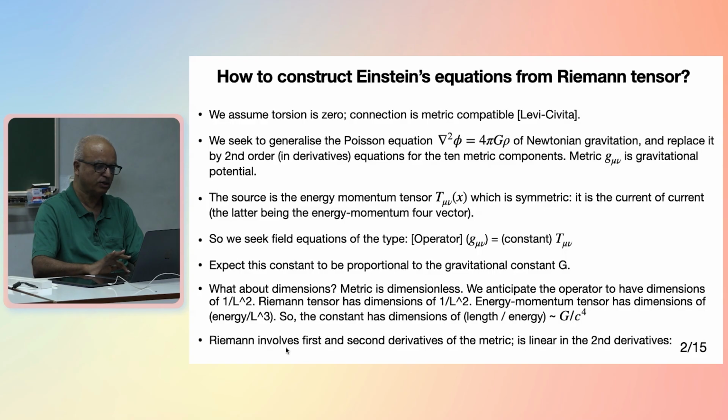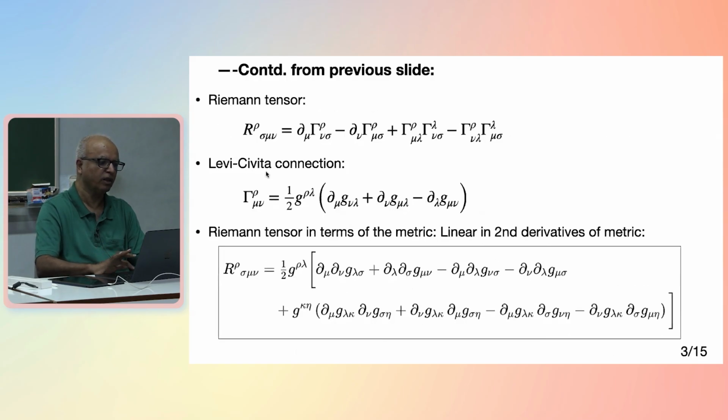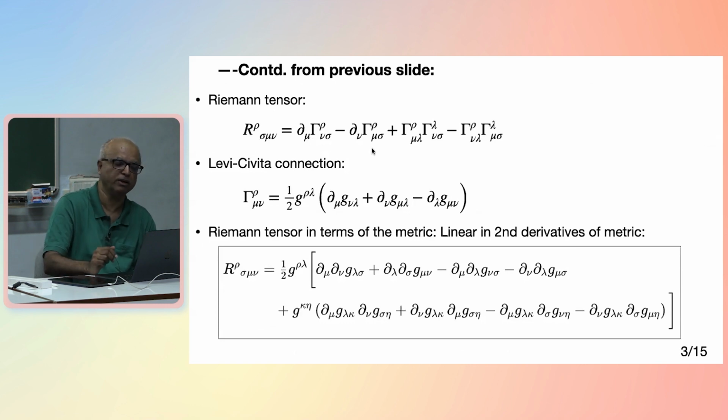The Riemann tensor involves first and second derivatives of the metric, and it is linear in the second derivatives. We can just see it. Only first and second derivatives of the metric are there, and it is linear in the second derivatives. Let us see that. This is my expression for the Riemann tensor, which you have seen many times.